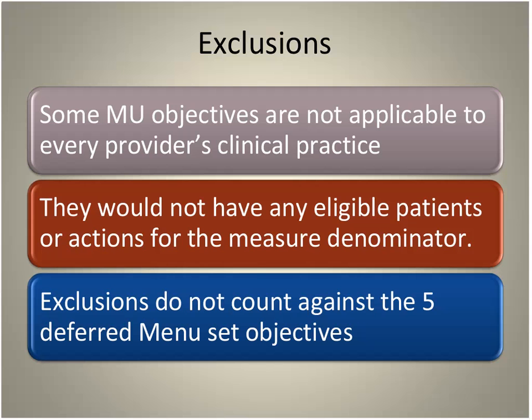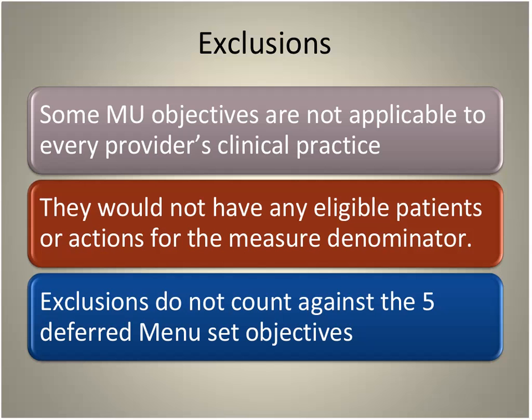We'll look at some of these objectives tonight where there are some exclusions. In the menu set, where the provider can defer 5 of the 10 objectives, if there are some exclusions that they can claim there, those exclusions will not count against the total number of objectives they have to meet.